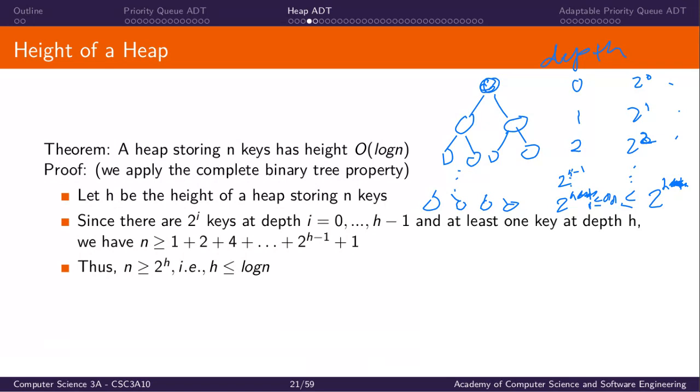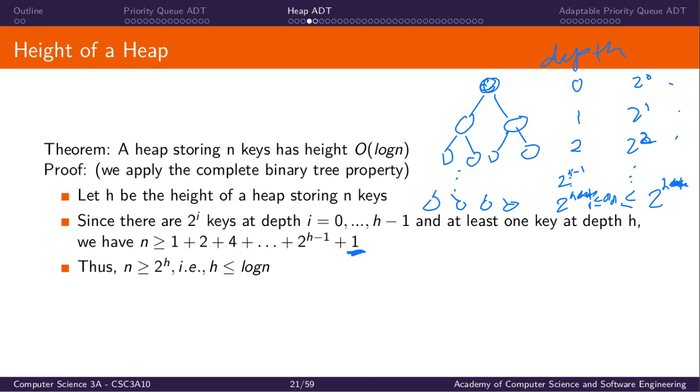Okay, so each time we're adding that 1 plus 2 plus 4 plus 8 and so on, the second deepest level will have 2 to the power h minus 1 nodes. Then the next one will have at least 1. Right. Then we've seen something close to this series before. We've counted up numbers from 1 up to 2 to the power h. This is very similar.